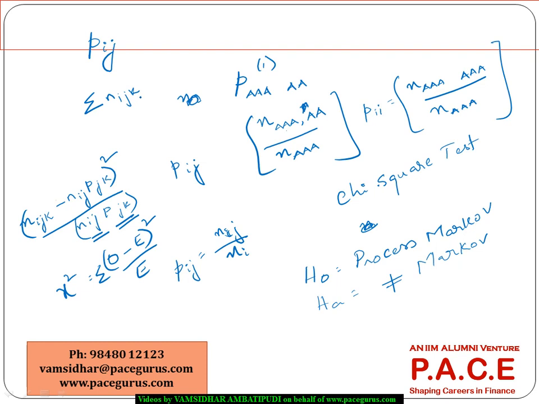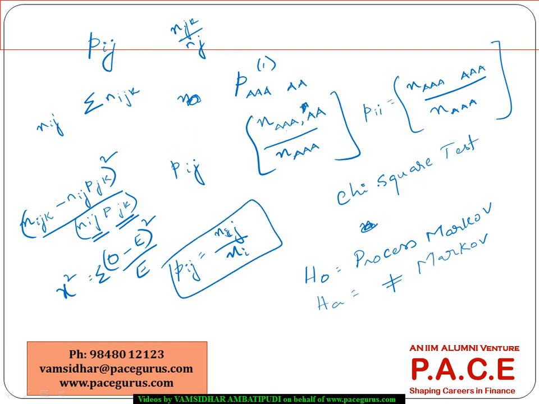So something being in state I in the first period, moving to J in the next, and then to K. So Nijk over all the k's gives me Nij, and this is multiplied by Pjk, which is nothing but Njk divided by Nj, which we have found through this mechanism.